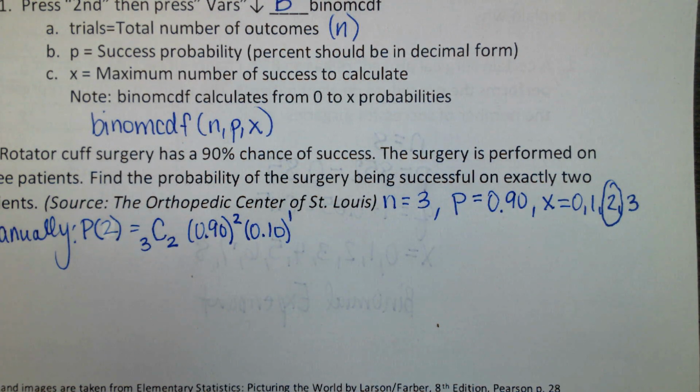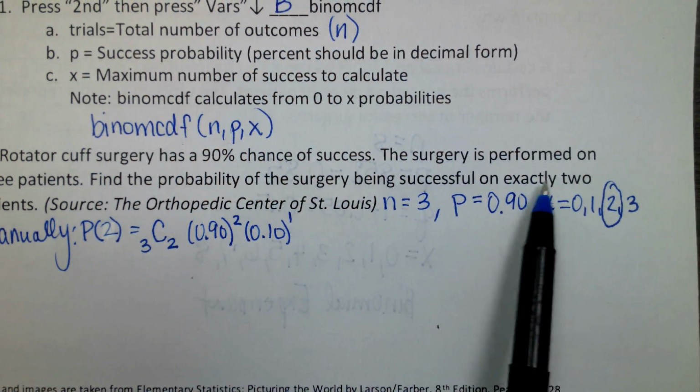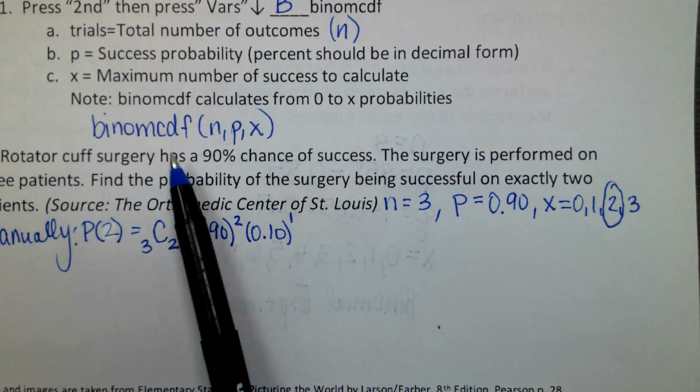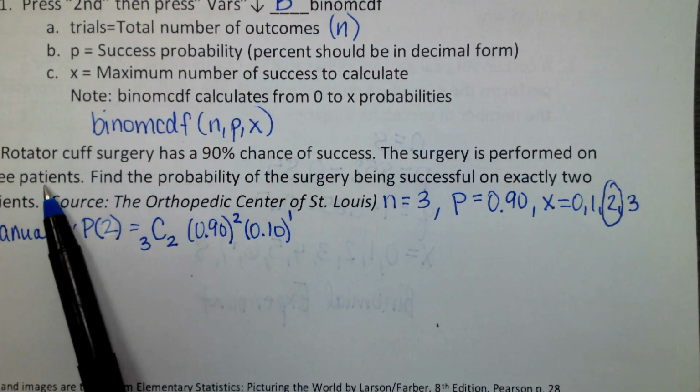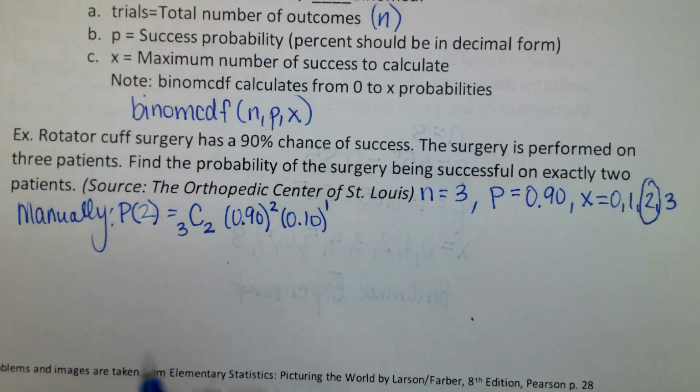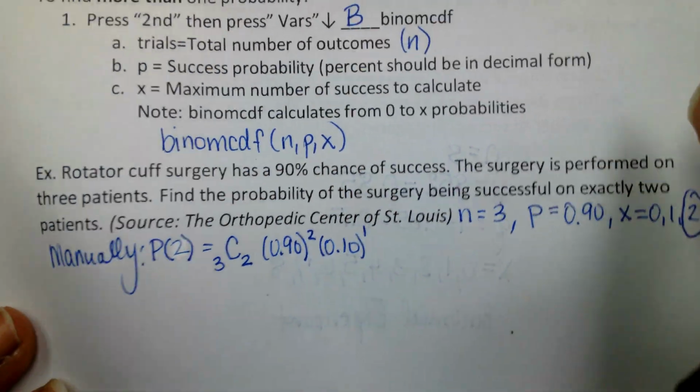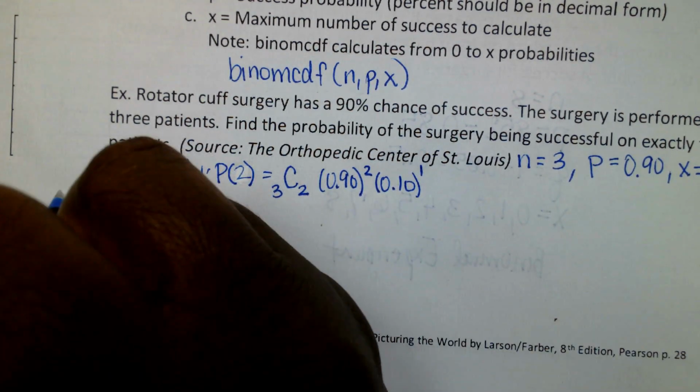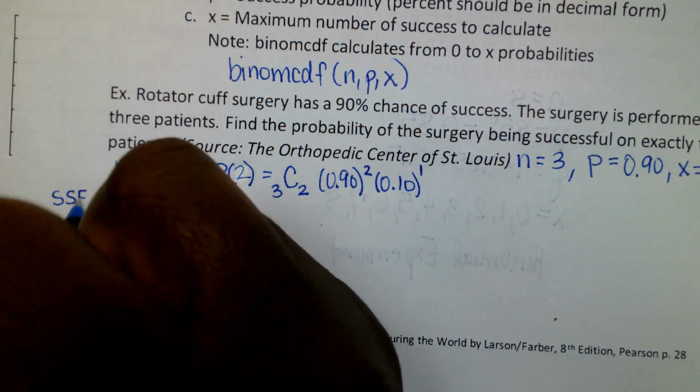Let me come to the side and kind of work this out so you can see what this actually means. So exactly 2 successes out of all the ways you can have 3 patients. So this is actually saying out of 3 patients, we have success, success, failure.